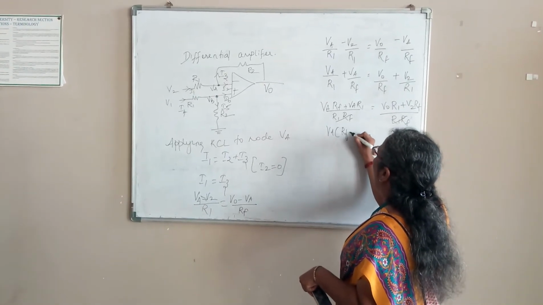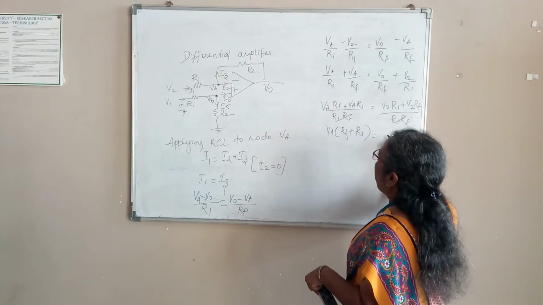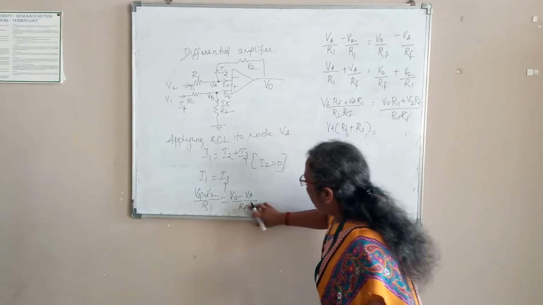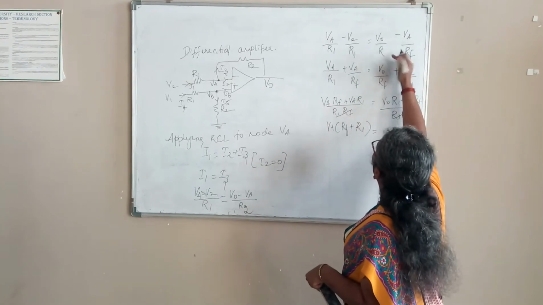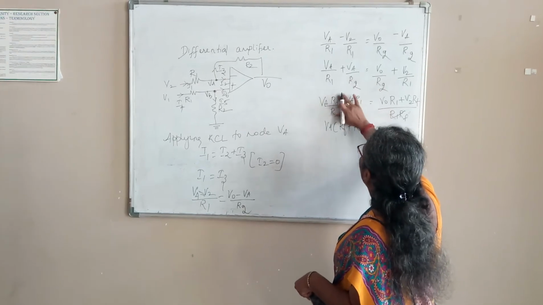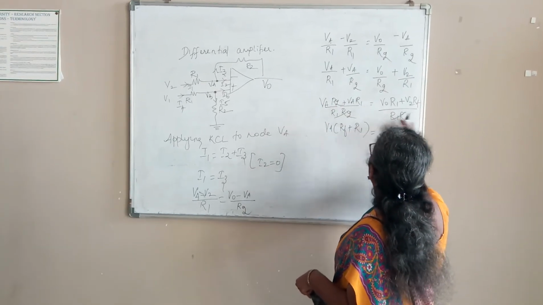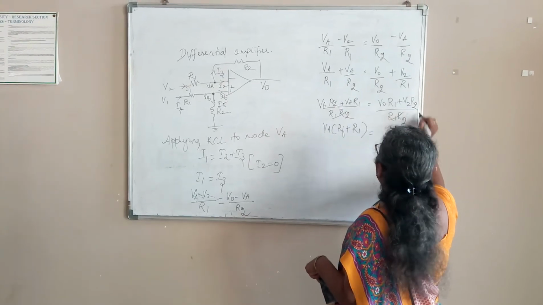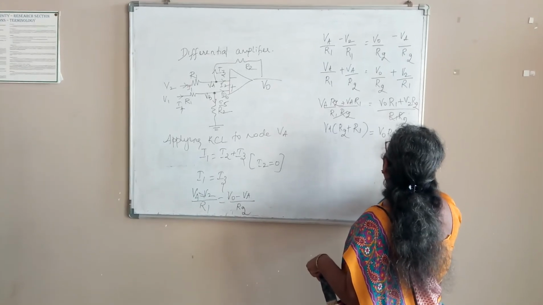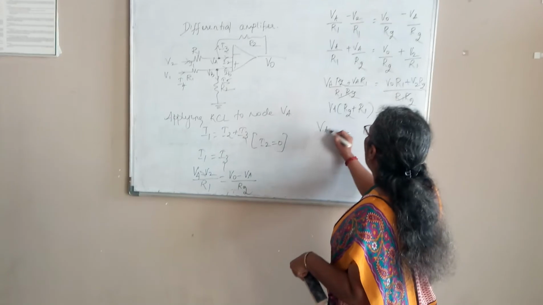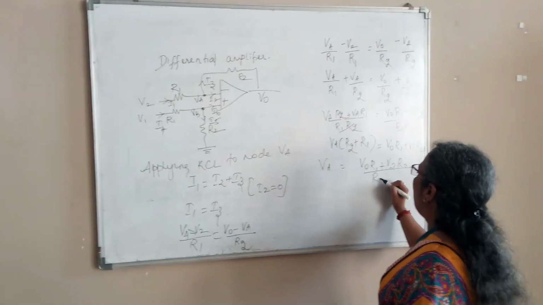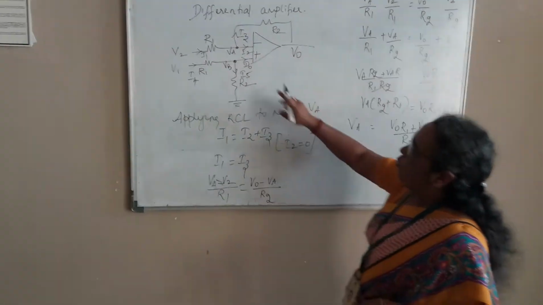VA into (RF plus R1) is equal to that. Here RF is R2, so I will get VA into (R2 plus R1) is equal to V0 into R1 plus V2 into R2. So VA will be equal to (V0 into R1 plus V2 into R2) divided by (R2 plus R1). So I have found out what VA is.